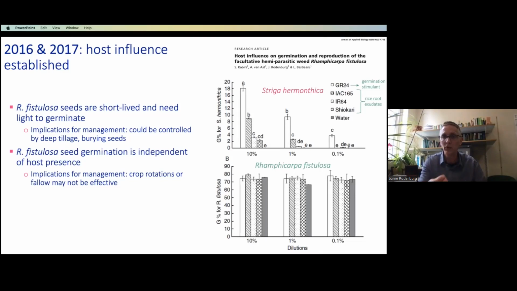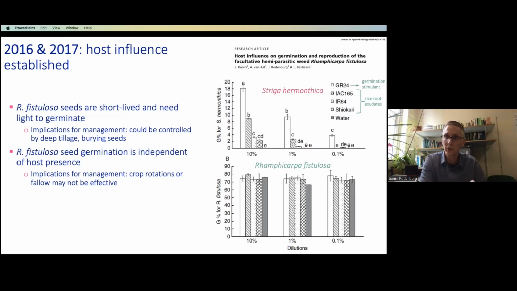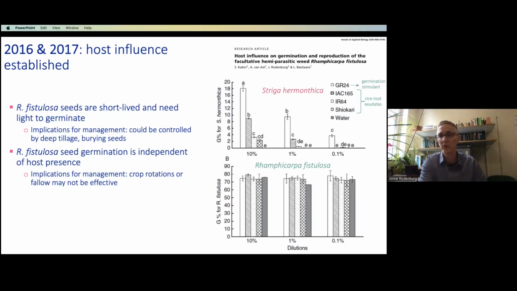If we expose these seeds to 10% or even 1% of GR24, you see a high Striga germination percentage. We have also exposed Striga seeds to root exudates of different rice varieties, which also contain the strigolactones that stimulate the germination of Striga. Although lower than with GR24, we also see germination with rice root exudates.